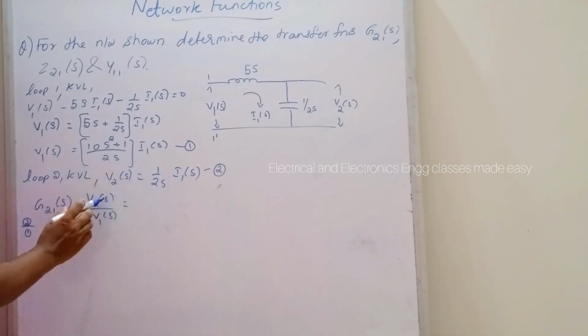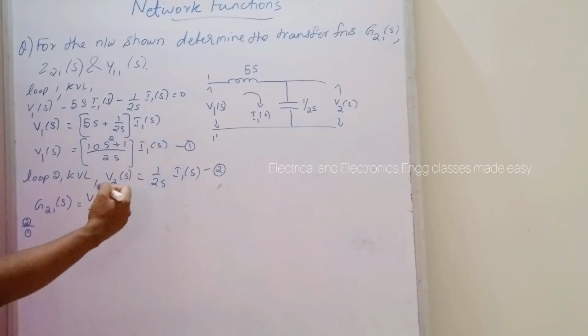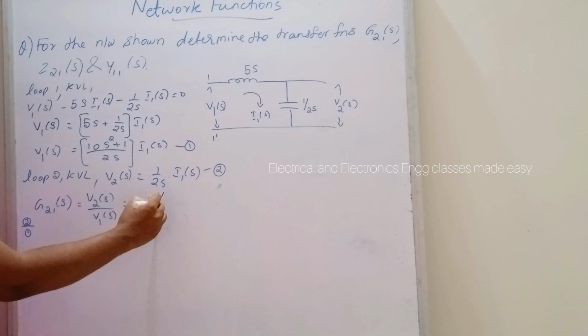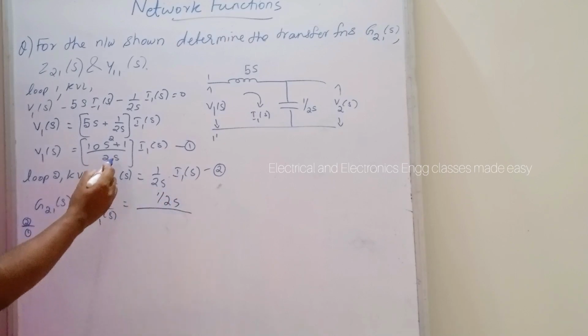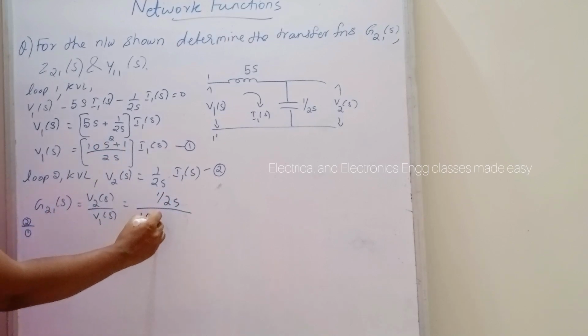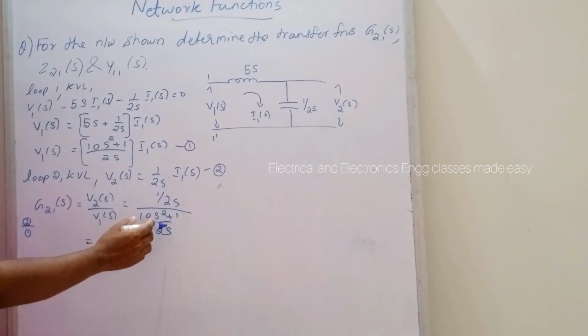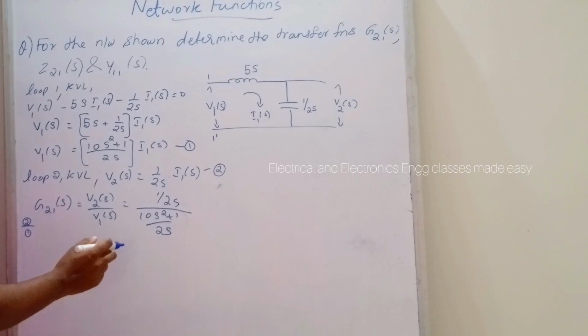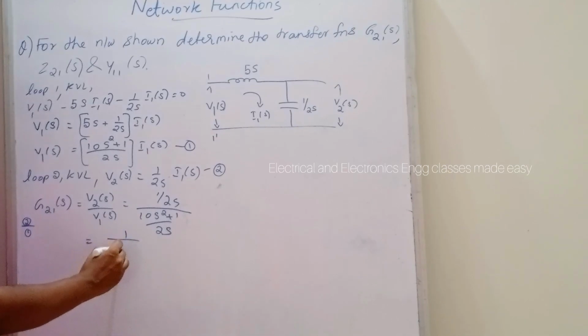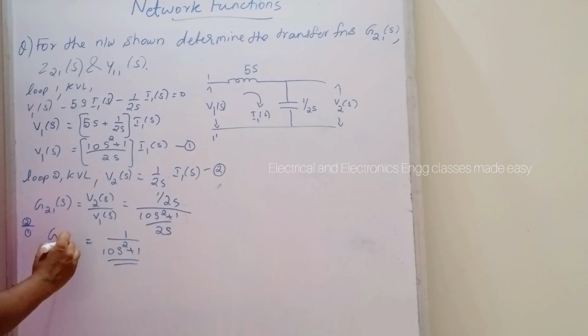So we will get V2 of S divided by V1 of S. That is I1 of S gets cancelled and 1 divided by 2s divided by 10s square plus 1 divided by 2s. After simplifying, 2s gets cancelled, that is 1 divided by 10s square plus 1. So this is G21 of S.